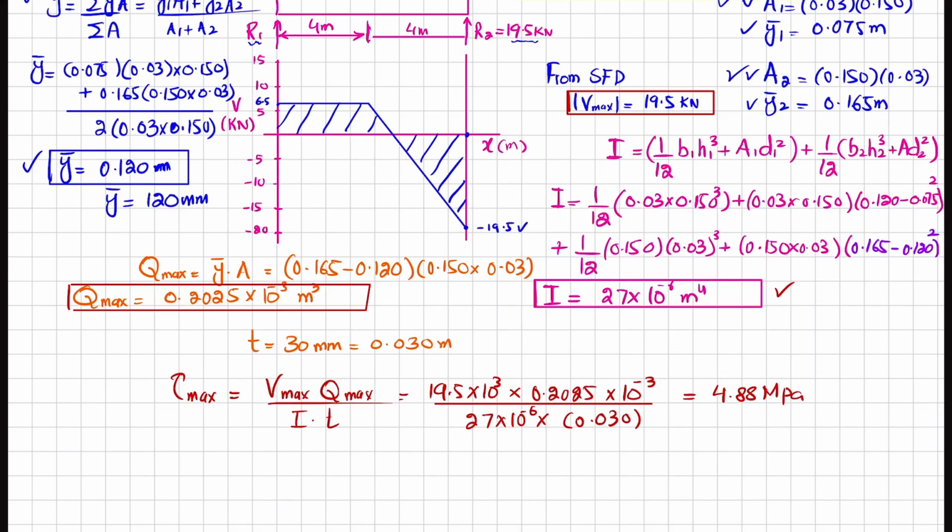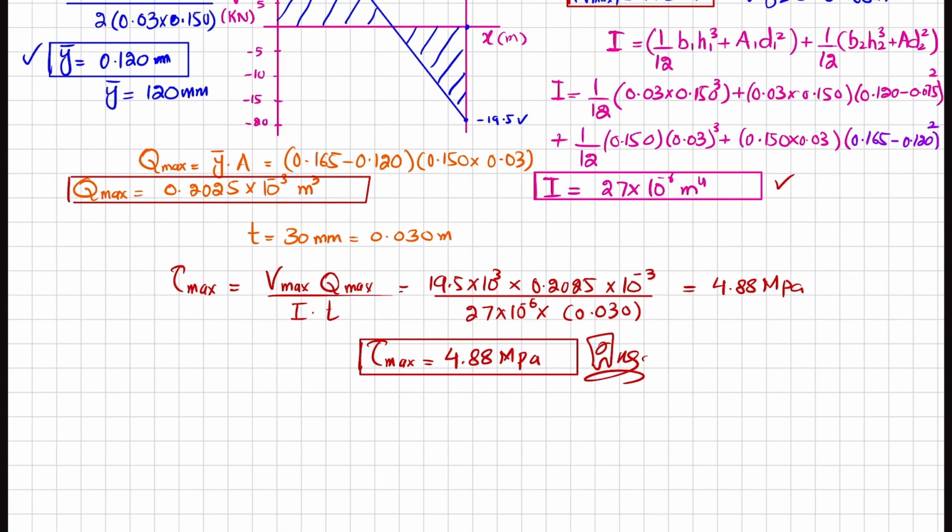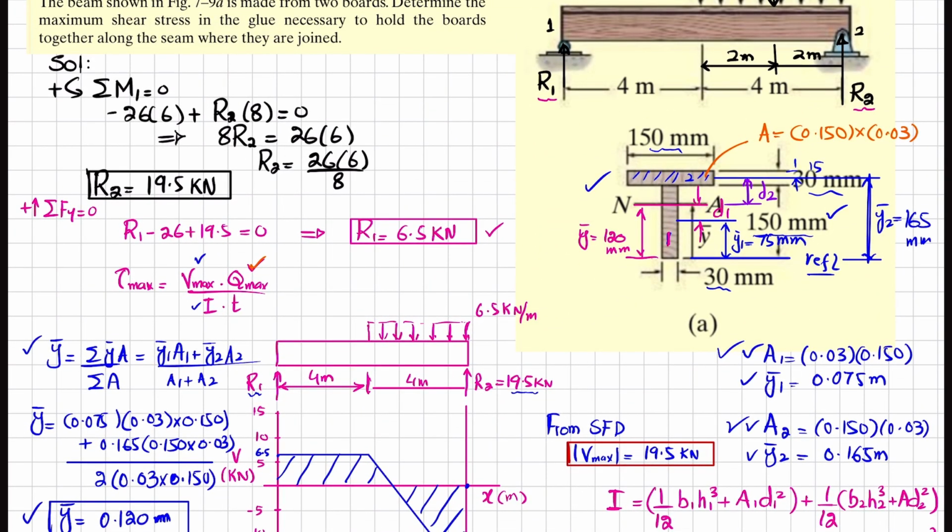Now what I can write is that the maximum shearing stress at the junction of the first board and second board where they have been glued is 4.88 megapascal. Okay, so if I draw the representation of this stress for this beam, let me draw it over here.